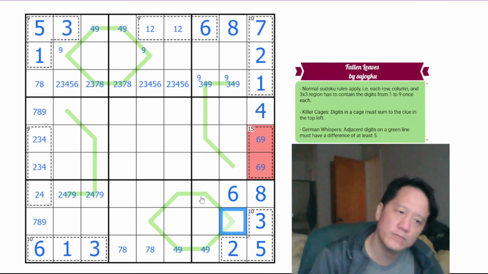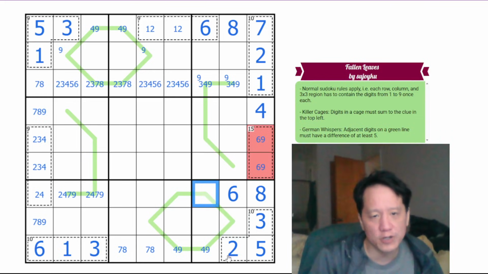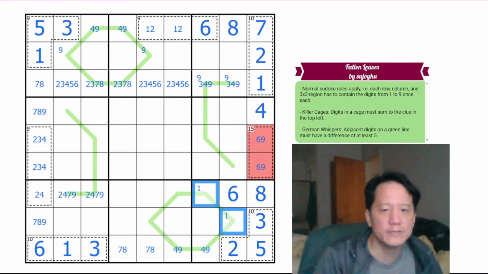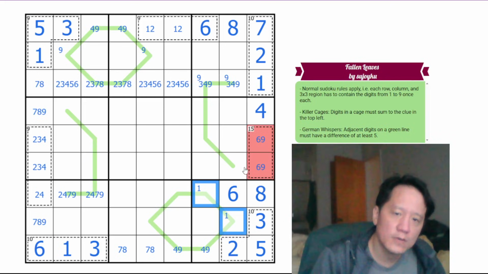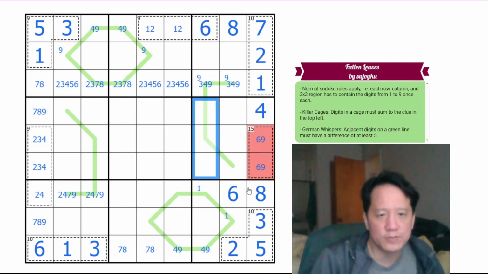Well, no, you can't have 4 here. If this is 4, that forces both of these to be 9, and then that would be 4, which is not possible. So one of these is guaranteed to be 1. 8 has to be one of these 3. That's not too helpful.